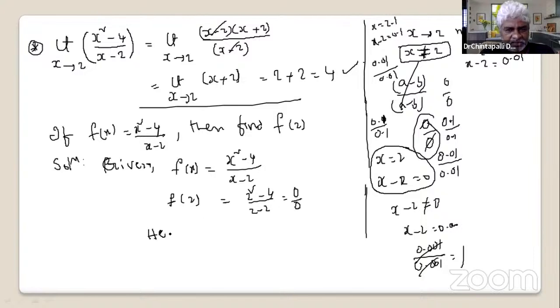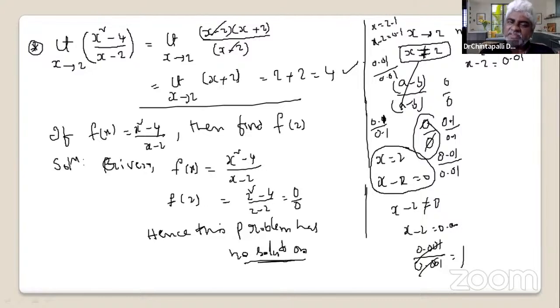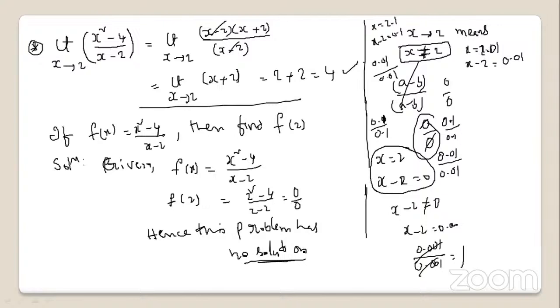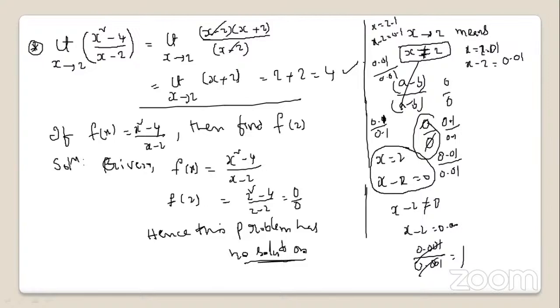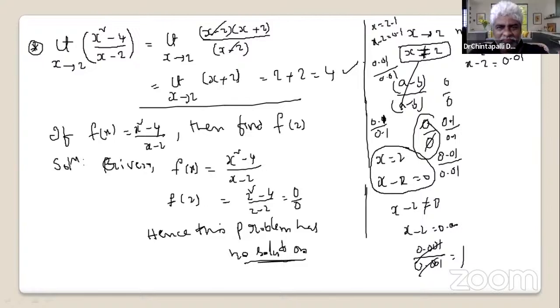Hence, this problem has no solution. Got the difference? Answer for the second question is no solution. Answer for the first question is 4. It clearly shows the difference between the function value and the limit value.